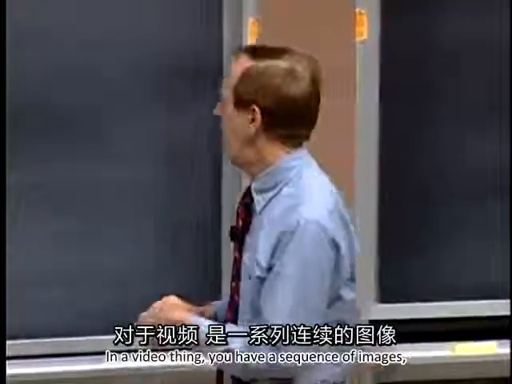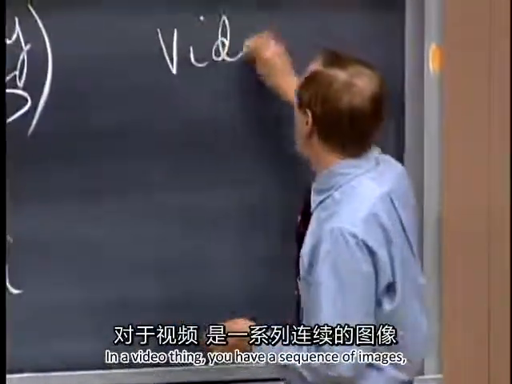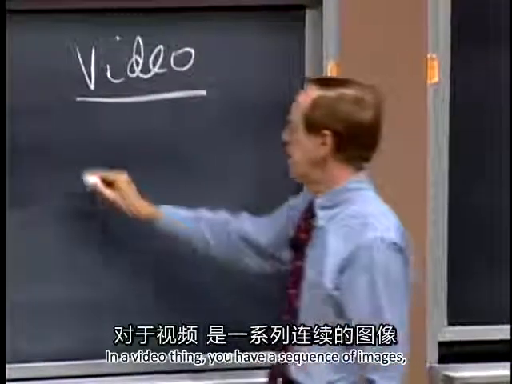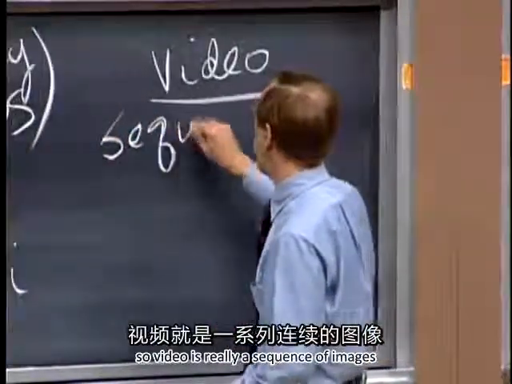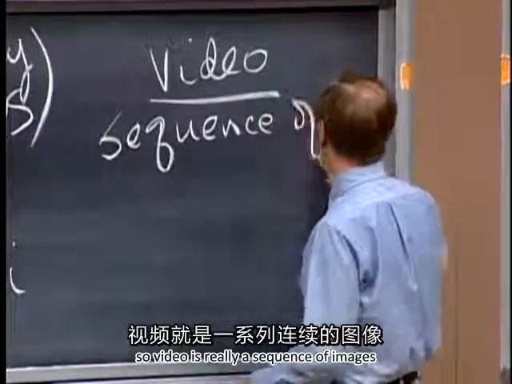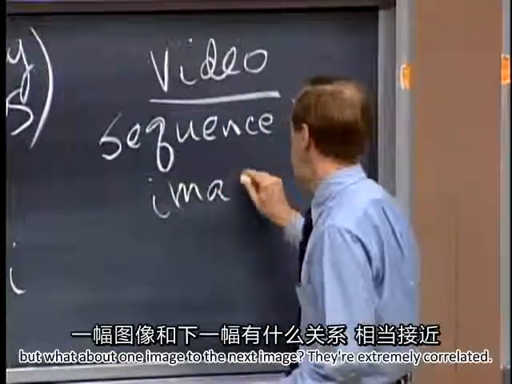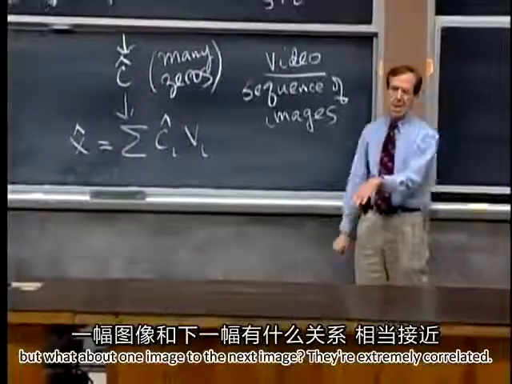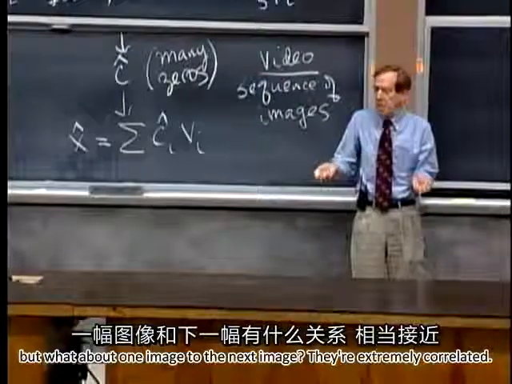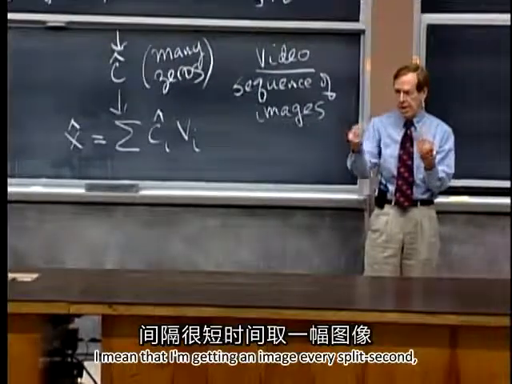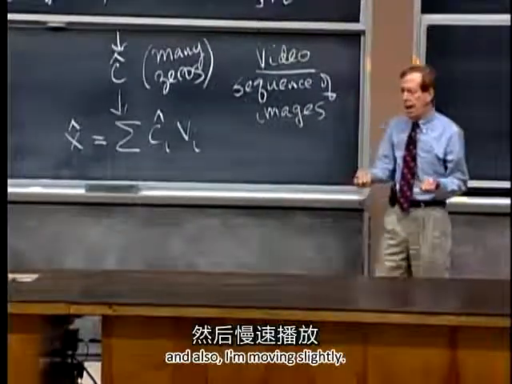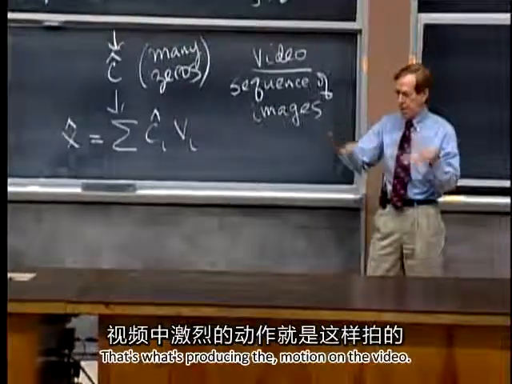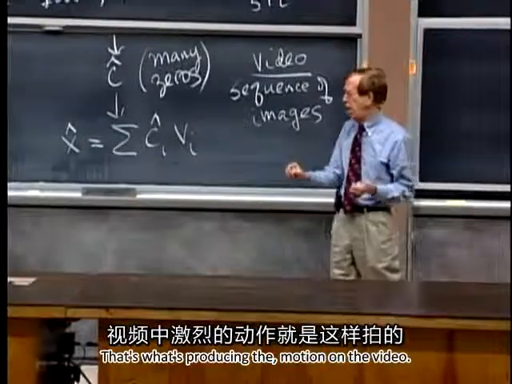In video, you have a sequence of images. So video is really a sequence of images. But what about one image to the next image? They're extremely correlated. I mean, I'm getting an image every split second, and although I'm moving slightly, that's what's producing the jumpy motion on the video.